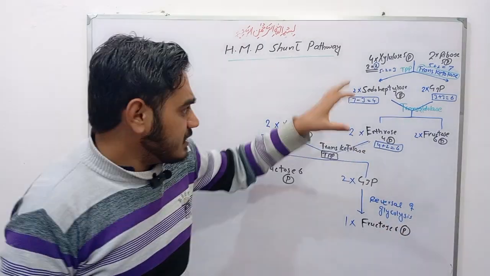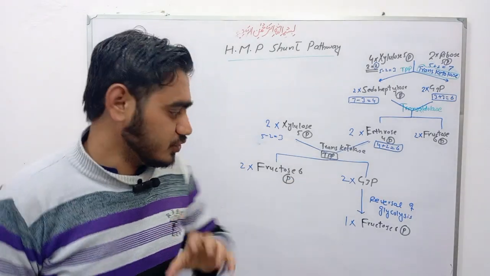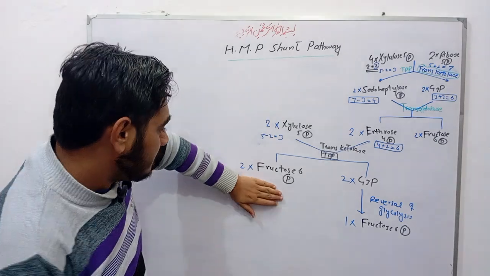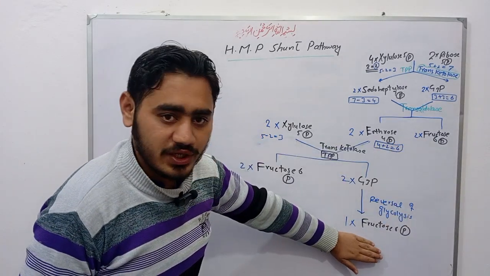Now, in this step, there is a generation of 5 molecules of fructose 6 phosphate. 2 molecules are here, and 2 molecules of fructose 6 phosphate here, and 1 molecule here.